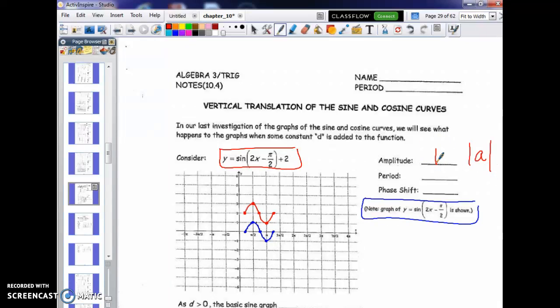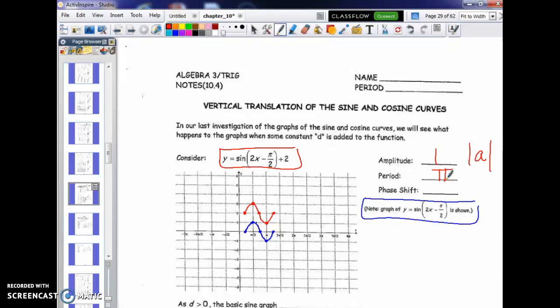Our period length. I want to know how long this graph is. Well, it looks like it starts at pi over 4, and it ends here at 5 pi over 4. So the difference between 5 pi over 4 and pi over 4 is pi.